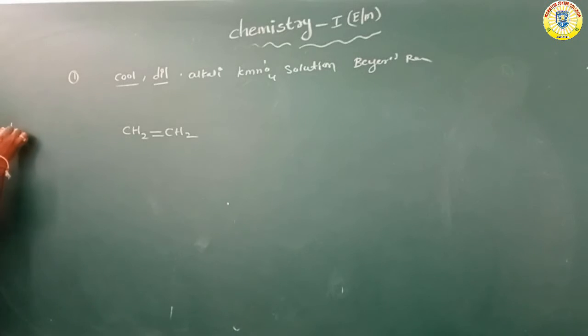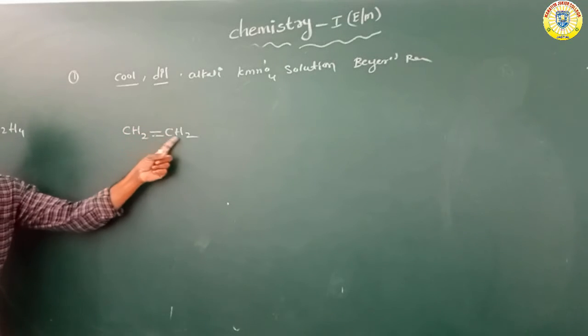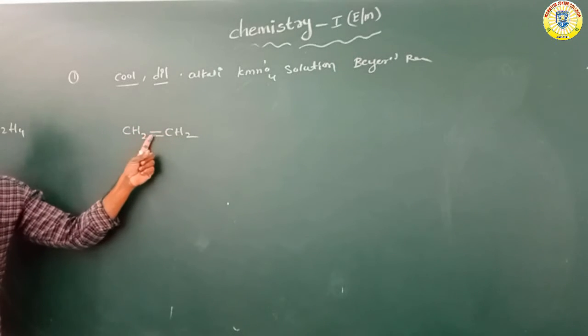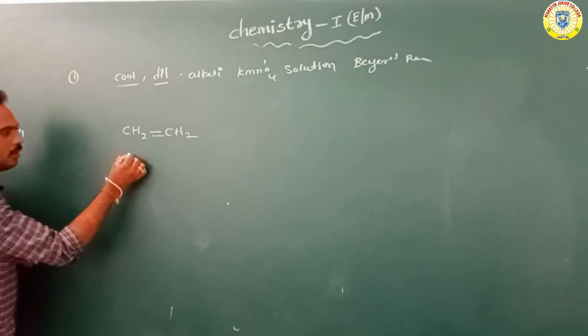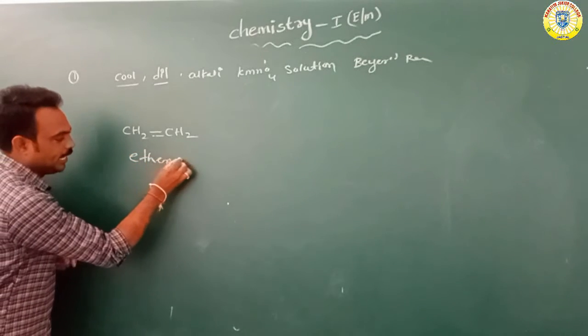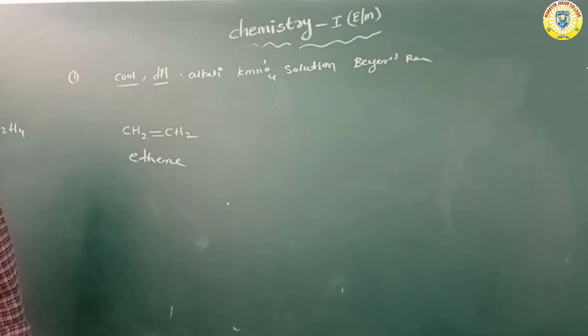Simply C2H4. How many carbons? 2 carbons. How many hydrogens? 4 hydrogens. C2H4, ethene or ethylene.